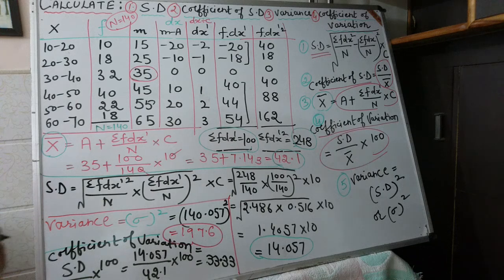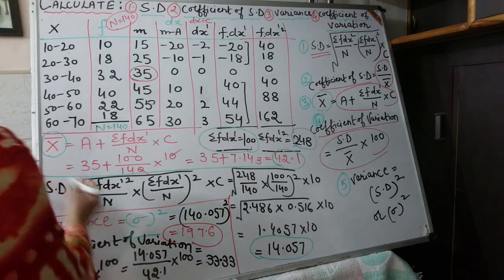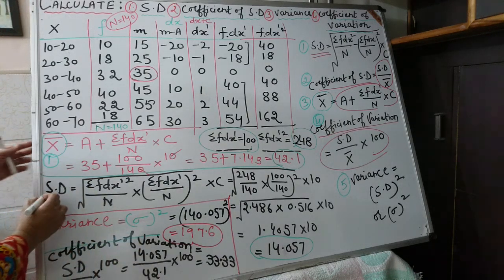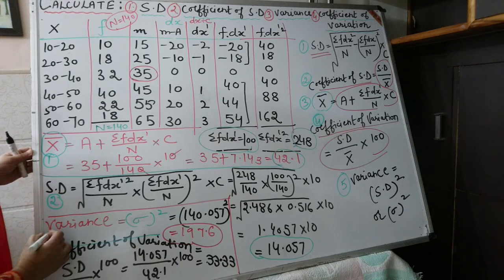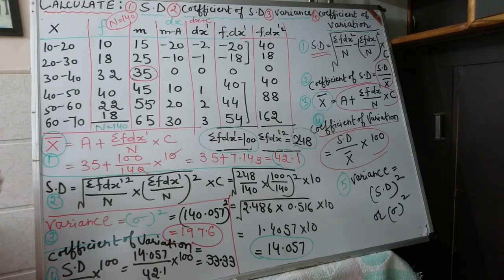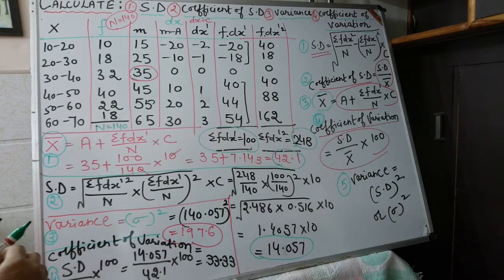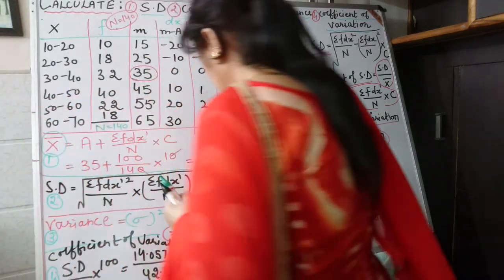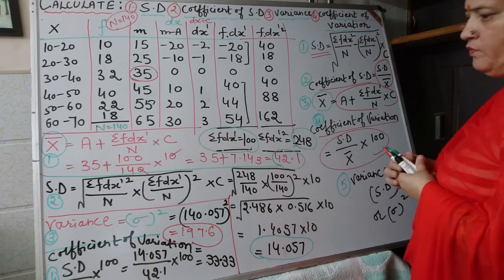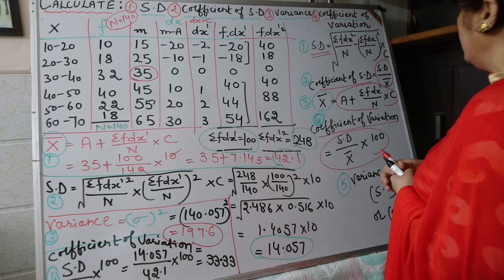So we have calculated number 1 arithmetic mean, number 2 standard deviation, number 3 variance, number 4 coefficient of variation, and number 5, let us put the values in coefficient of standard deviation.